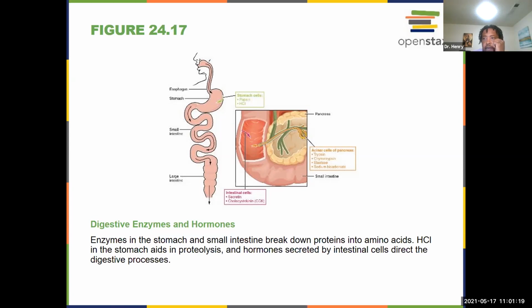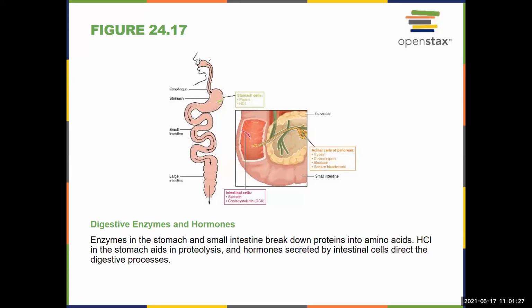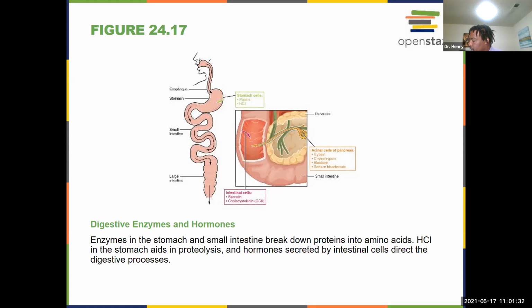And then you're going to have secretin and cholecystokinin. They're also going to be responsible for that last component to make sure that everything is good enough, and also responsible for the collection of the amino acids so that they can actually be absorbed. Okay.